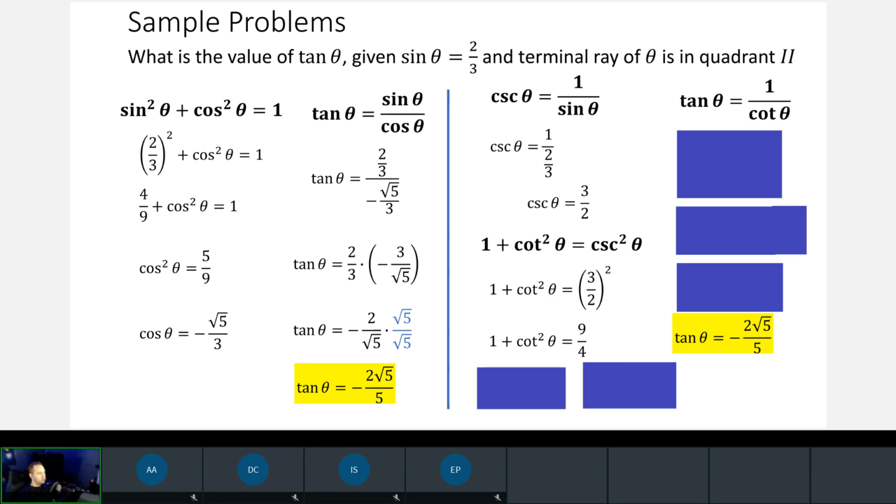And then we do what? What do we do? Subtract 1. Someone said, what happened? 3 over 2. Oh, did you mess up this right here?